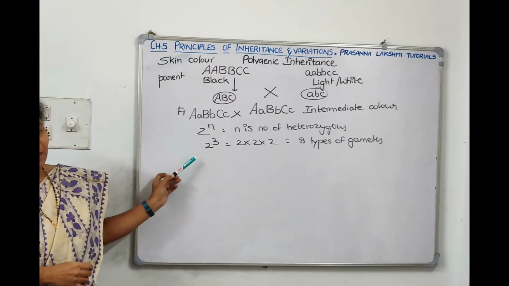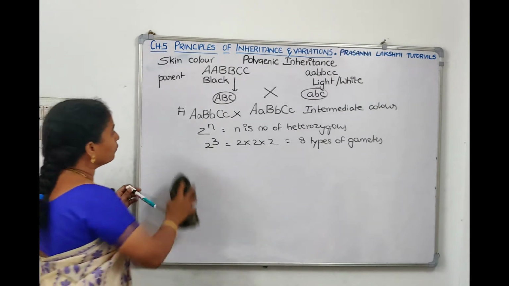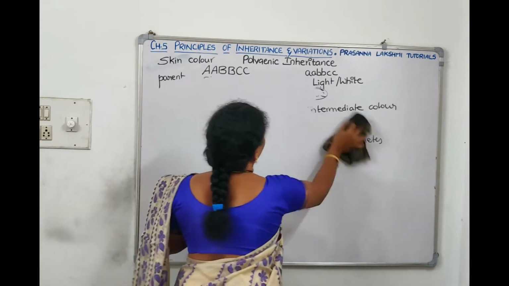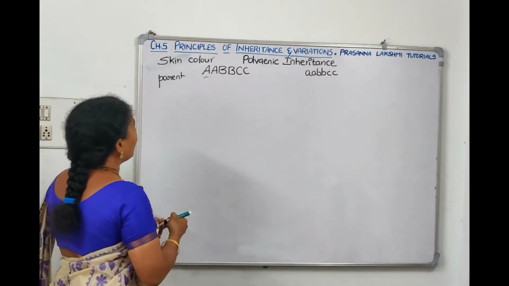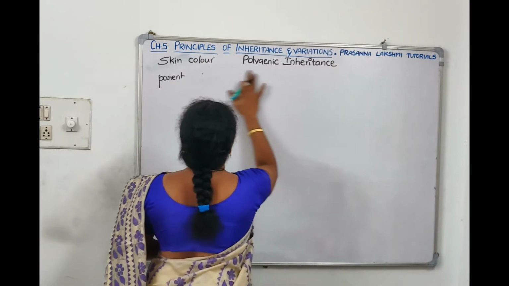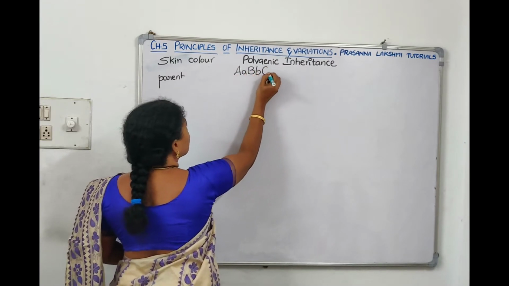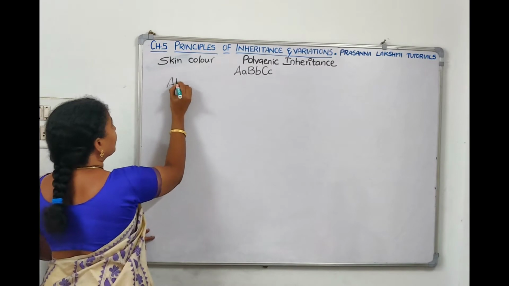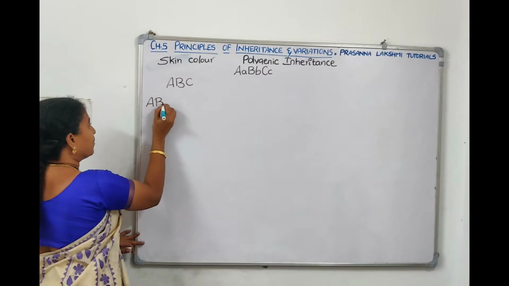So I'll show you. I'll erase this and we'll get into the 8 types of gametes to see the F2 ratio. So what are the 8 means? If you take A, B, C, then the 8 types will be all 3 capital, right? Then here we will write all 3 capital.